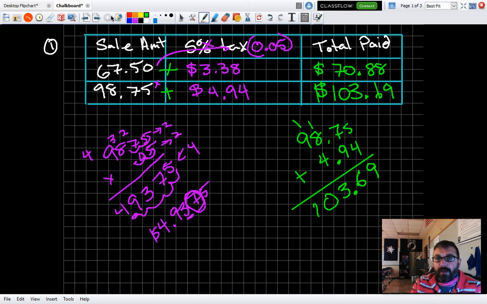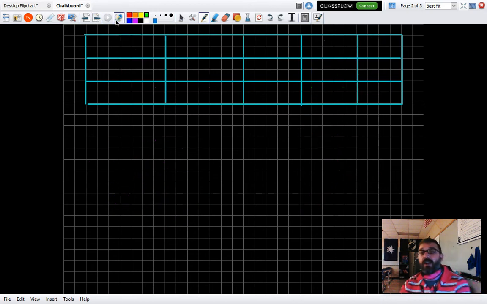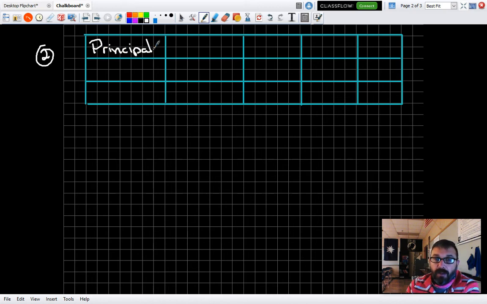Now, the next set of problems that we have to look at are similar in nature with a little bit of a twist. So, contrary to popular belief, banks are in it to make money too. Just like the store that we talked about before that has to make a profit, so does the bank, because if they don't make money, they don't exist to loan you money or take care of your money or to help you.